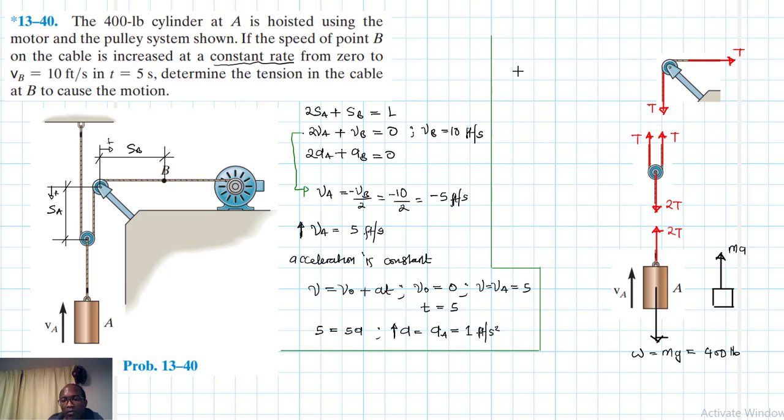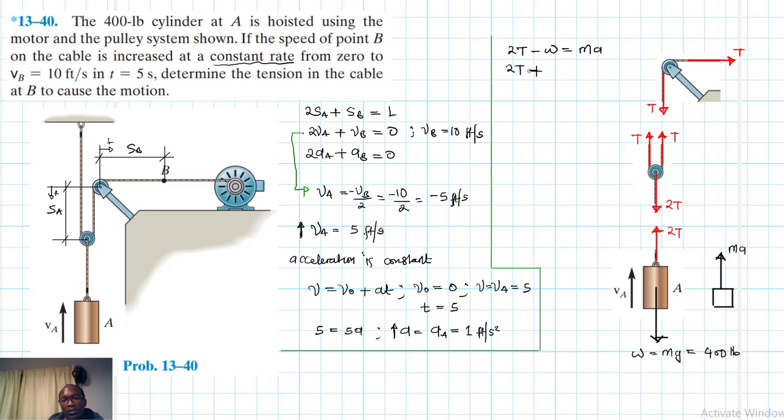So what do we have? Mind you, we are looking for T, the tension. So we're going to have 2T minus W is equal to ma.